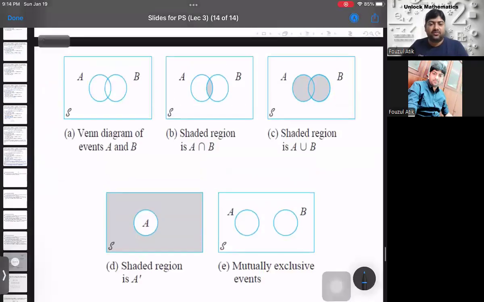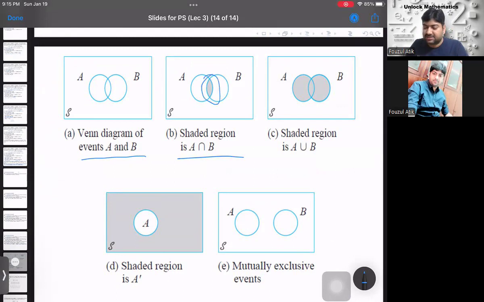And then again, from set theory, you have learned these things as a Venn diagram. The same thing will happen here also. This is the Venn diagram of the events A and B, right? This shaded region is A intersection B, correct?